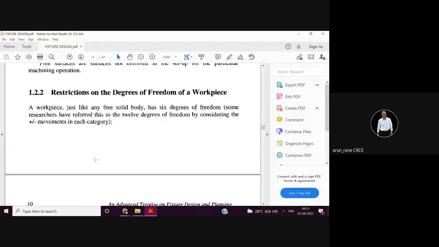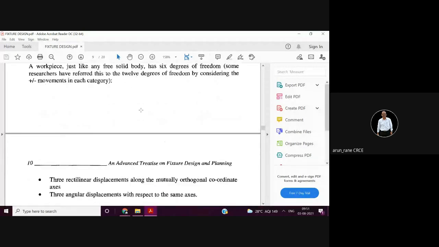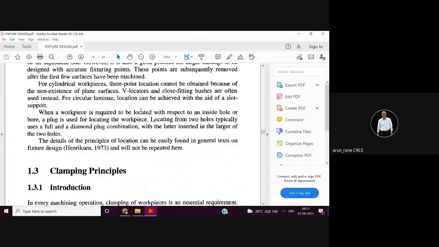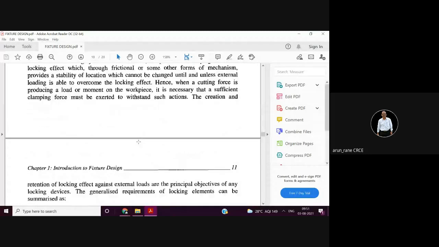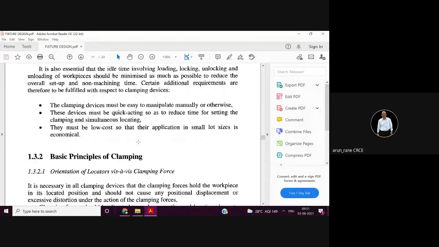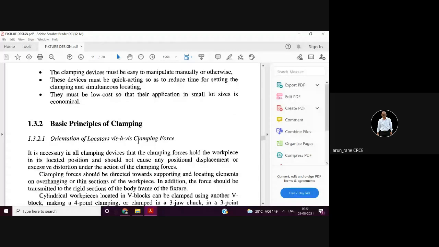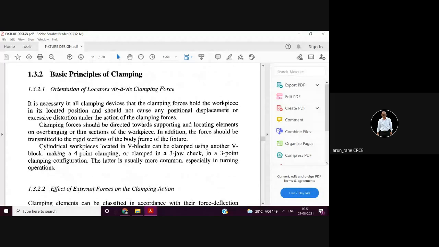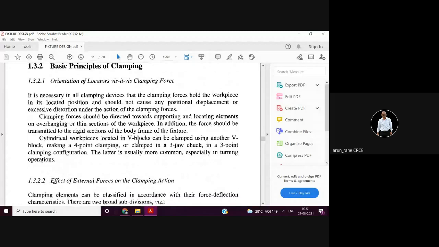So like the jig, you have to see the degrees of freedom. What are the degrees of freedom? So these are some principles of the clamping, like orientation of the locators.